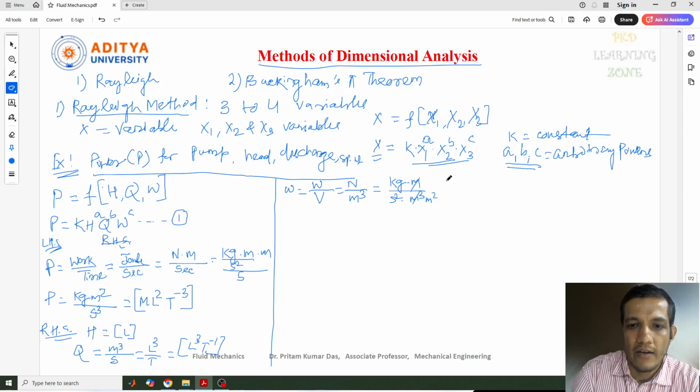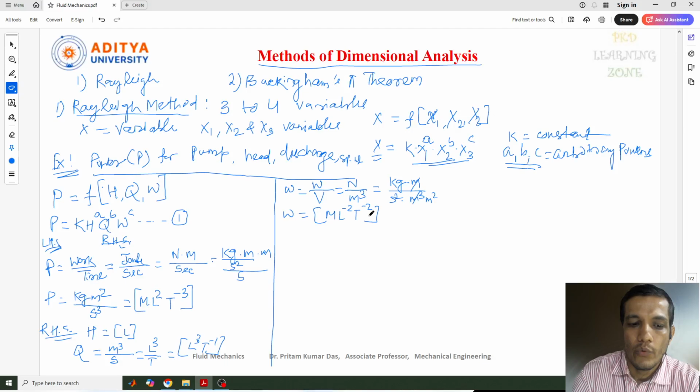And if I represent this, W equals kg over meter square per second square, that means M L^-2 T^-2. Okay, so this is the dimension analysis for all these variables. What are the variables? H, Q and W.